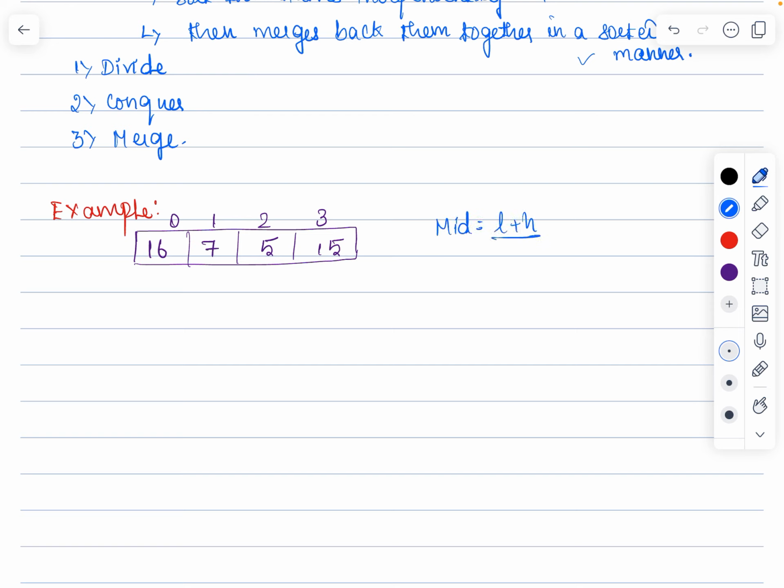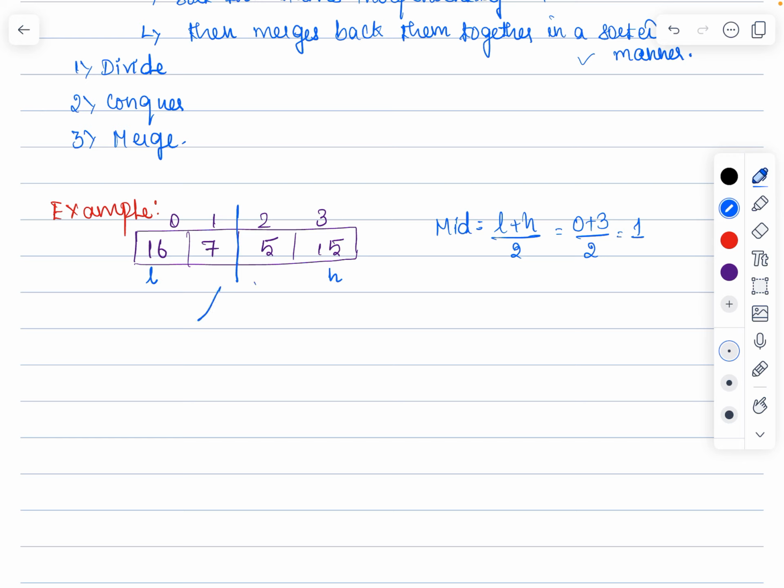The formula is (low + high) / 2. The very first index is low and the last index is high, so (0 + 3) / 2, the midpoint is going to be 1, which means up to index 1 it is going to be one subarray, and all the remaining elements are going to be the other subarray.